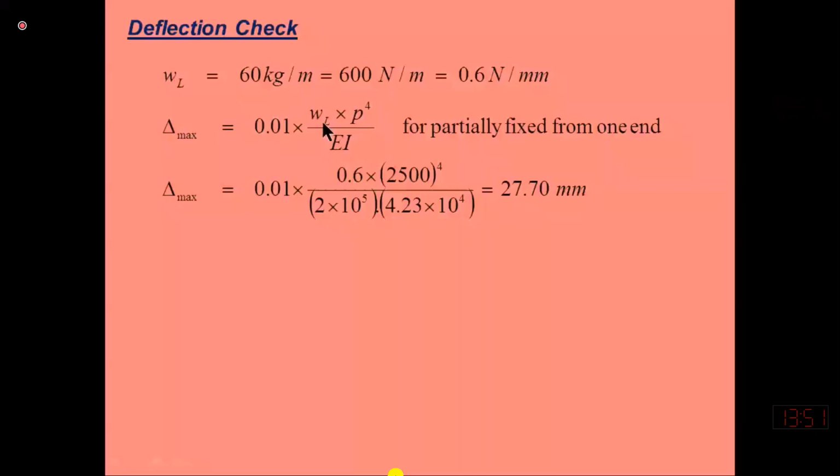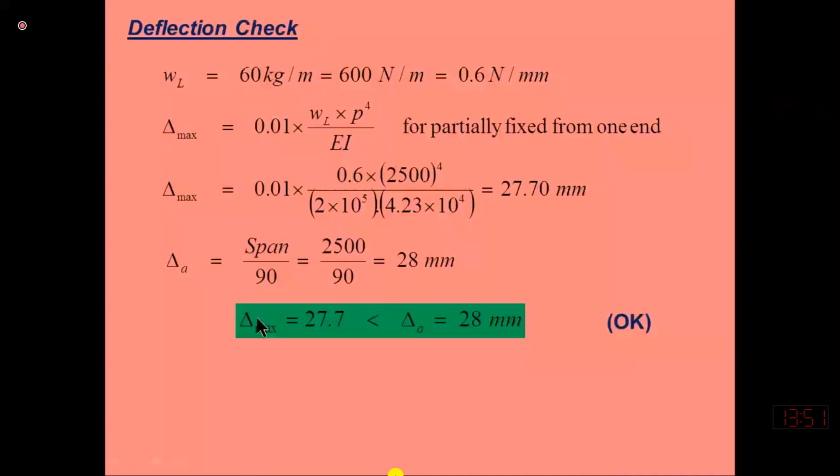And what is the allowable deflection as per specification? Allowable deflection is span divided by 90. Span is the panel length, because the sheet is simply supported between panel lengths. So panel length divided by 90, the answer is 28. The maximum or actual deflection is less than allowable, so this check is okay.